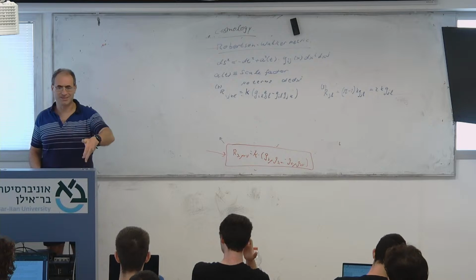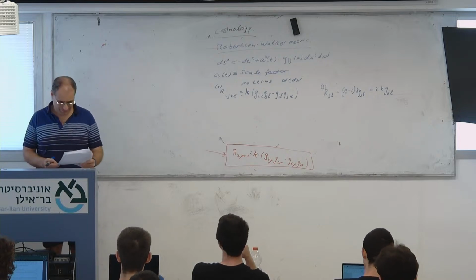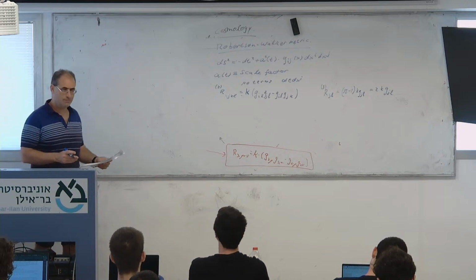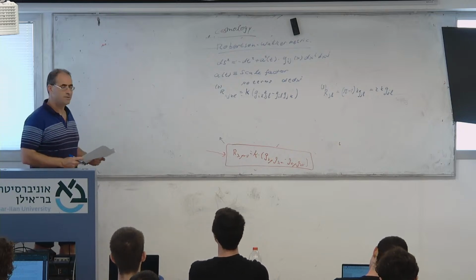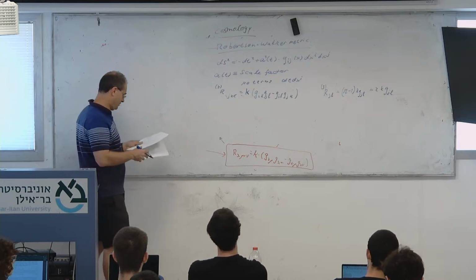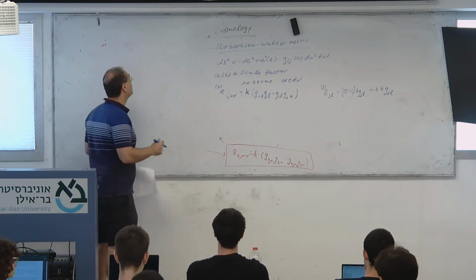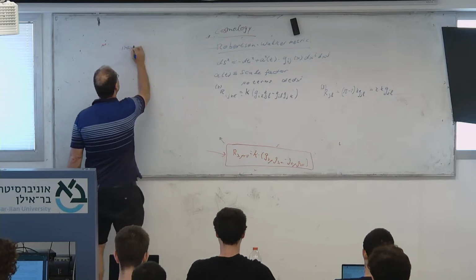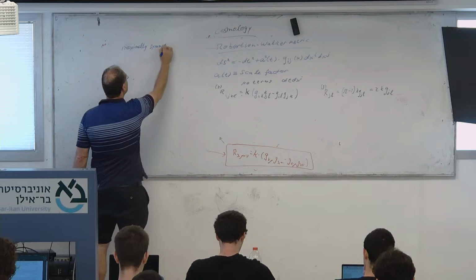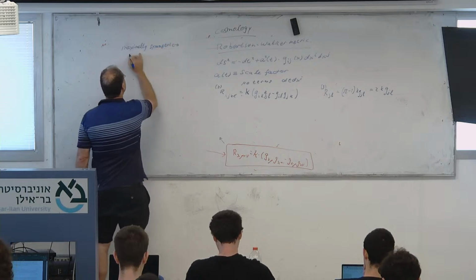It was based on isotropy, right? Grab the mass from there, basically. So maximally symmetric also means spherically symmetric.